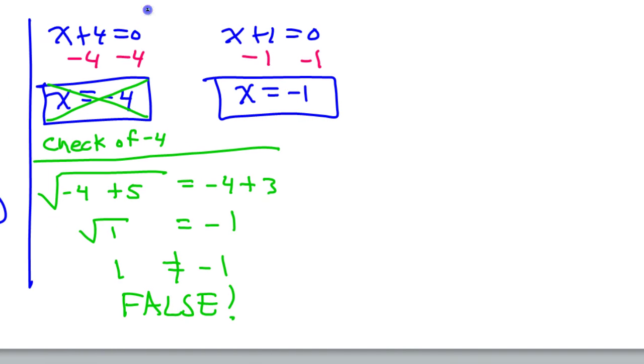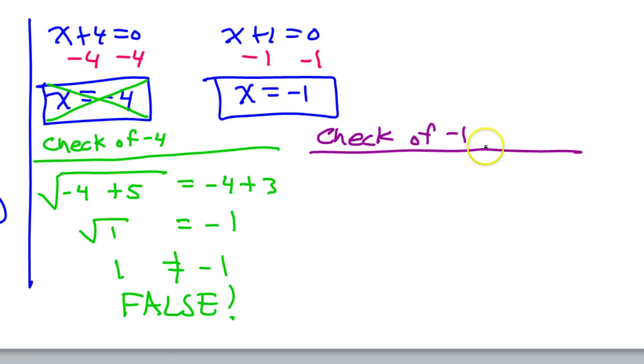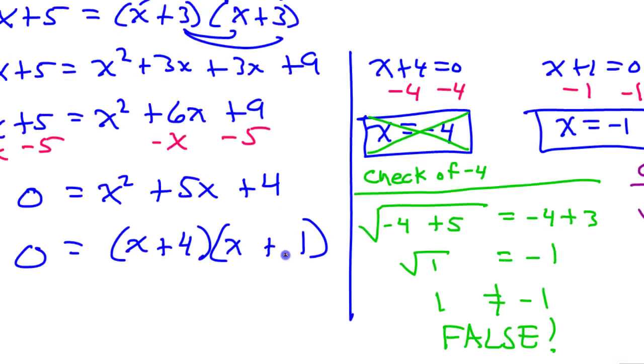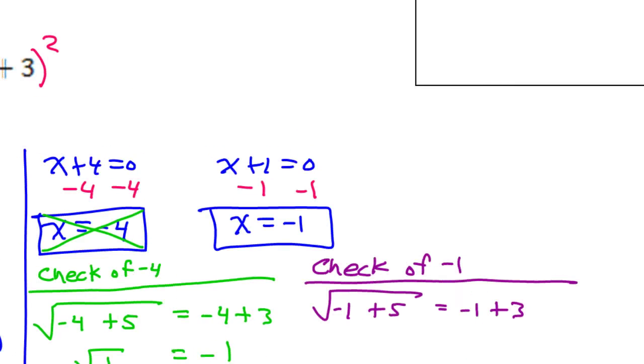Okay, let's do another check. Alright, here's the check of -1. So that would be the square root of -1 plus 5 is equal to -1 plus 3. Again, I'm just plugging -1 back into the original equation.